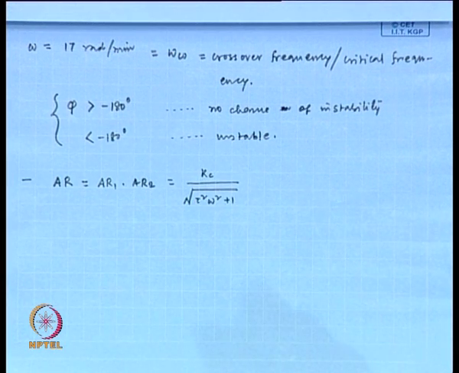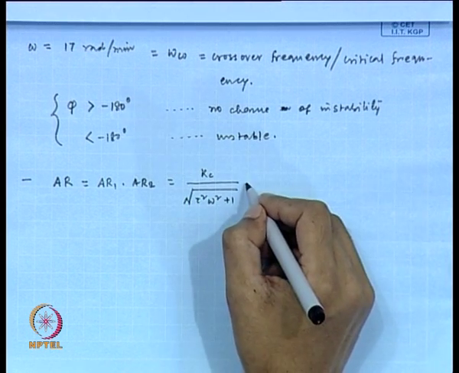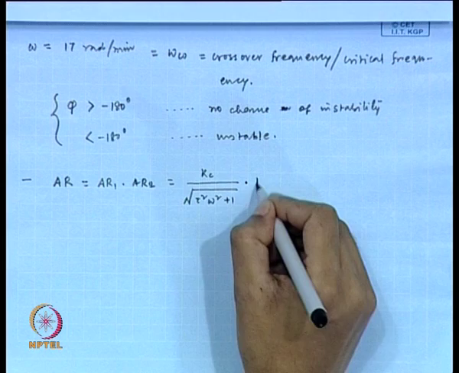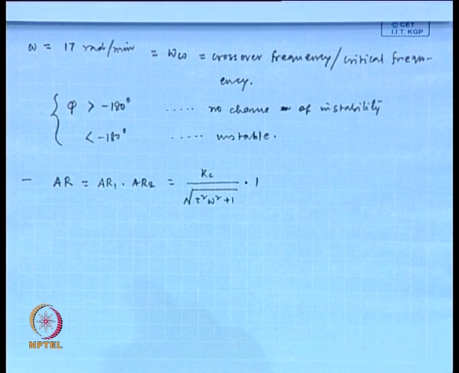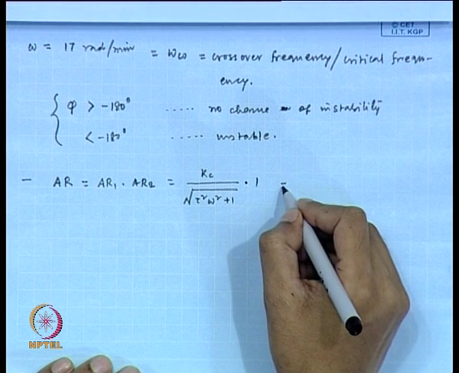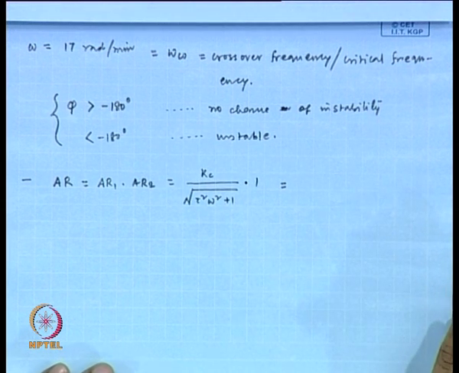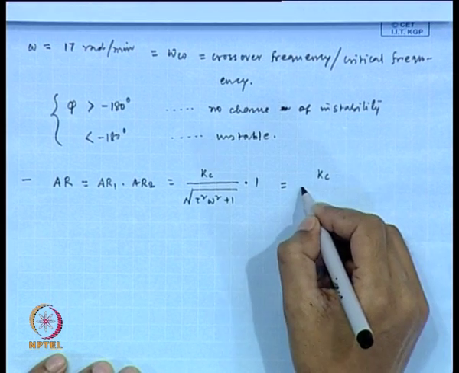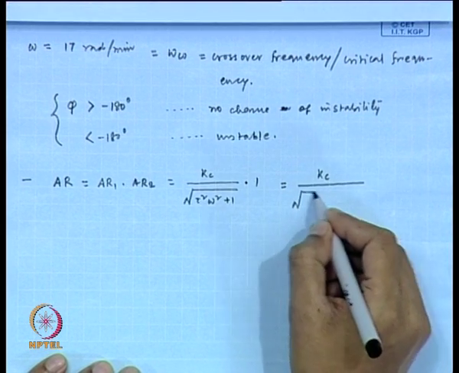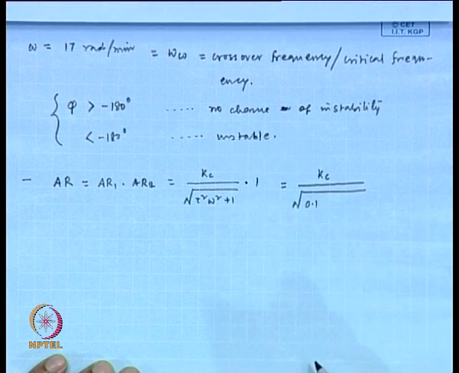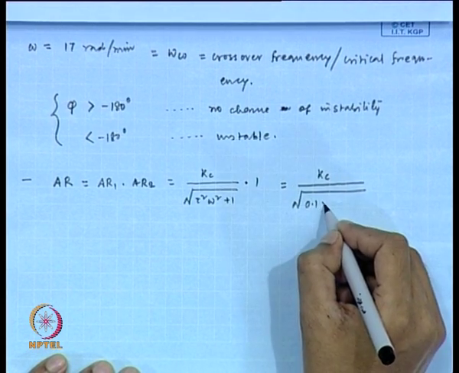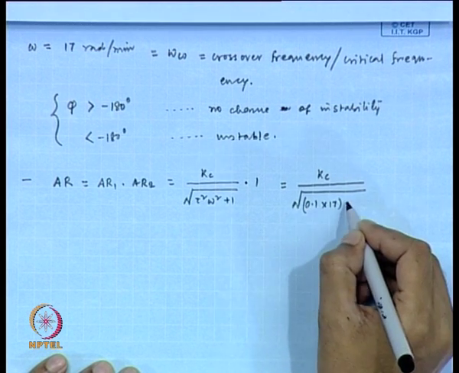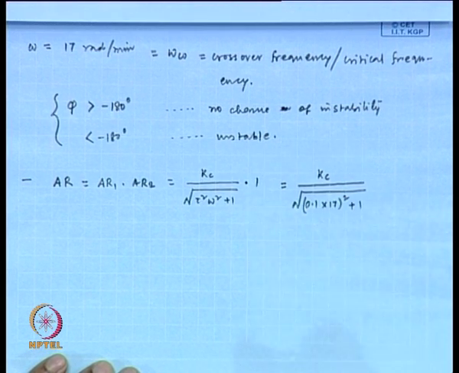For the time delay system, amplitude ratio is 1. Now, we will determine the overall amplitude ratio at crossover frequency. Tau is 0.1. Crossover frequency we determined 17. Accordingly, we obtain this.